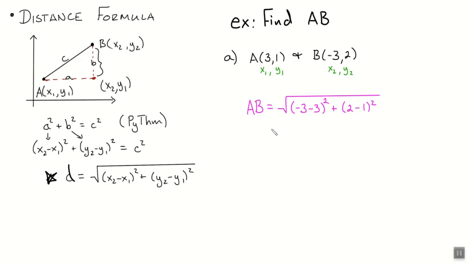All right, here we go. Let's clean up this first set of parentheses. What's negative 3 minus 3? Negative 6. If it were positive 3 minus 3, but because they're both negative, we're at negative 6. Plus, what's 2 minus 1? 1. Notice the parentheses that I'm being crazy about.